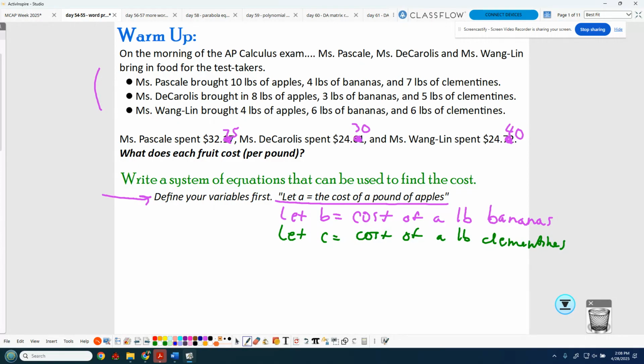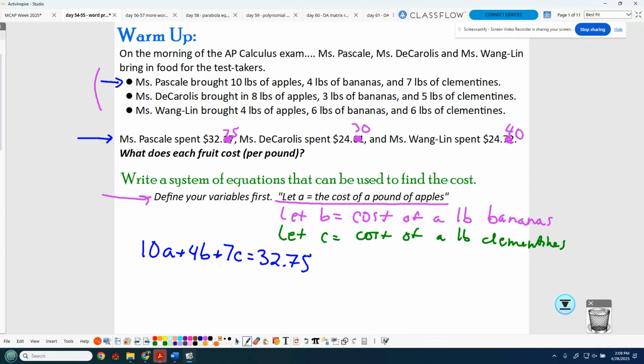Okay. So, Isaac, what's one equation that I can set up with this line and some data from here? So, the cost of all the things that I bought, $32.75.